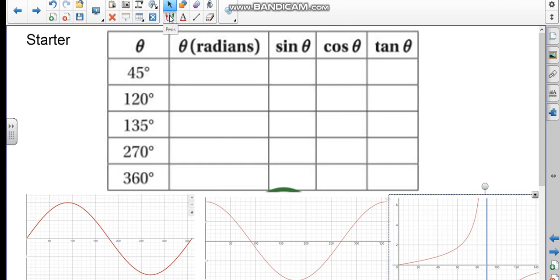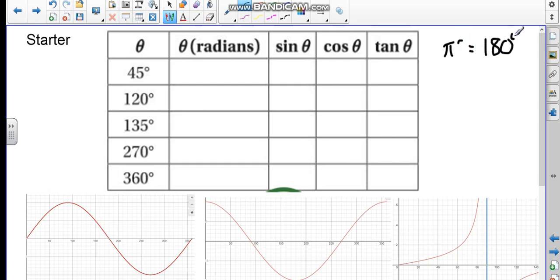Okay, so let's start with just filling in the radians. Remember, pi radians is the same as 180 degrees. That's always our starting point. So 45 is going to be a quarter of 180, so we'll call that pi by 4. 120 is 2/3 pi.